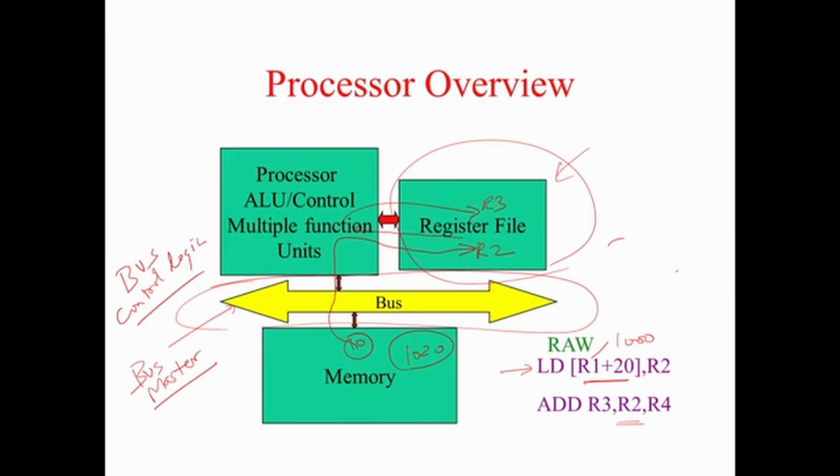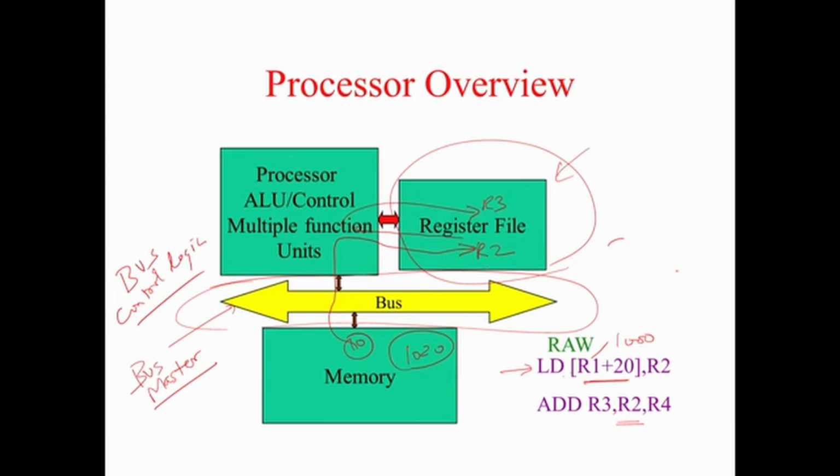So the data in the first instruction moves from the memory through the CPU to the register file, and in the next instruction it is taken from the register file and operated upon, and the results are stored back in the register file. So this data 10 goes to the register file through the CPU and then comes back to the CPU for the next processing.